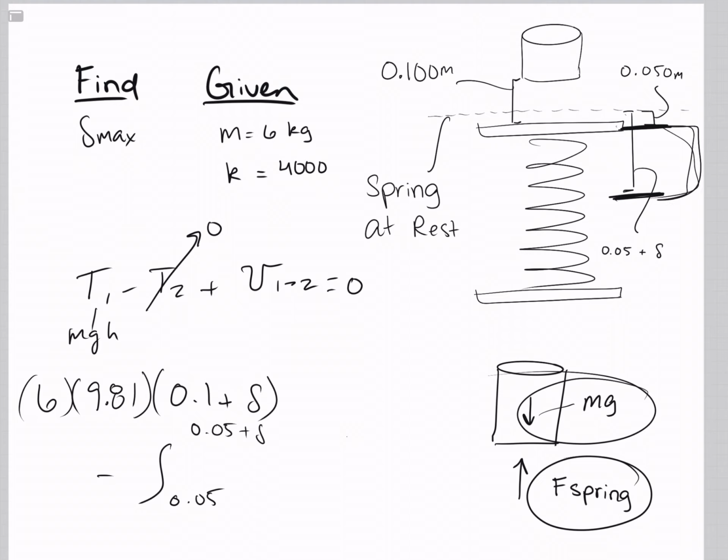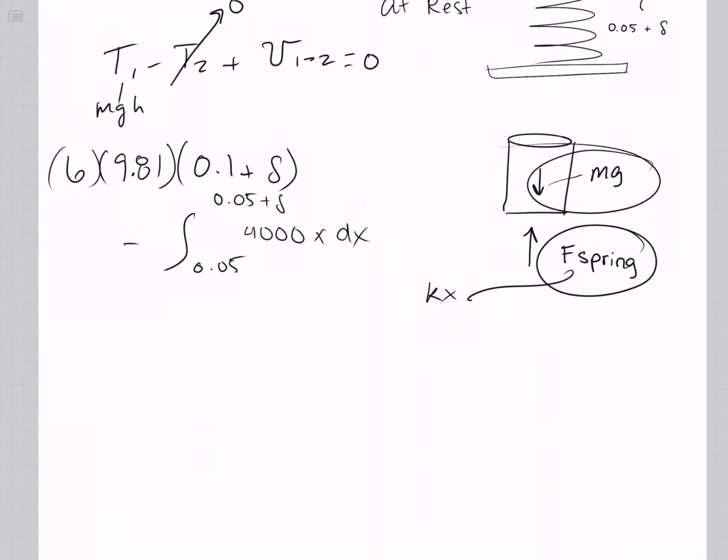And that way we've taken the whole spring into consideration, because you can't just take it from here to here, since that will change the deflection. And this is kx, and our k is 4,000. So 4,000 x dx. And that will be 0.